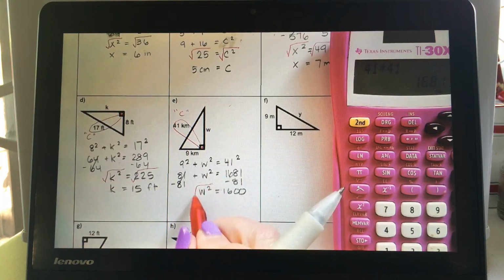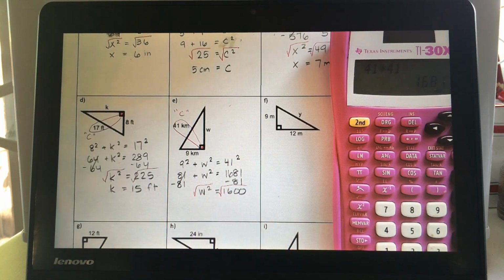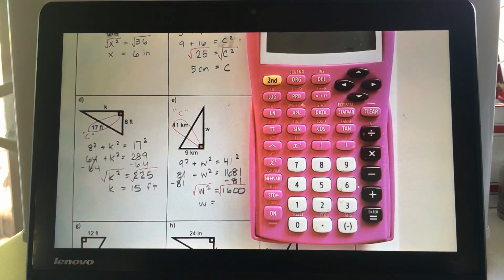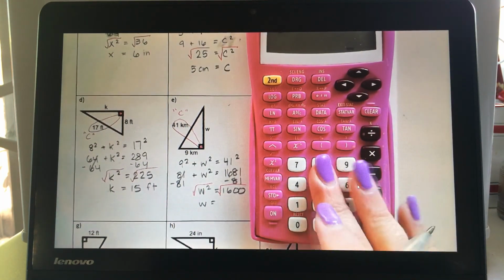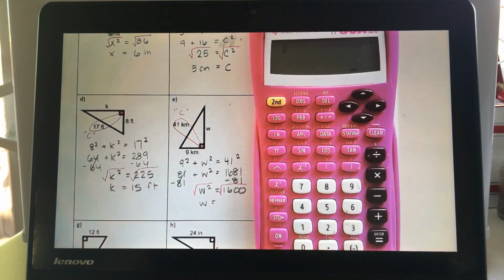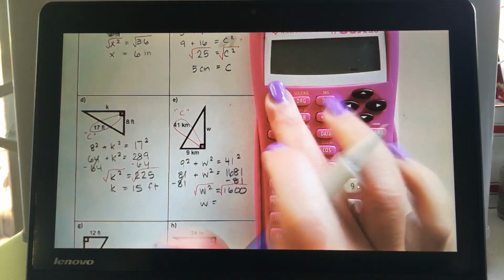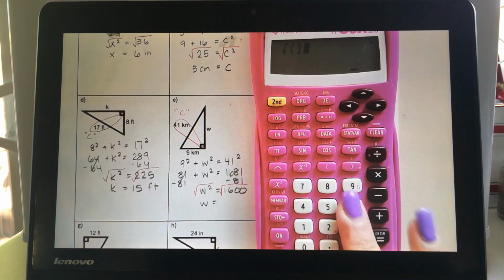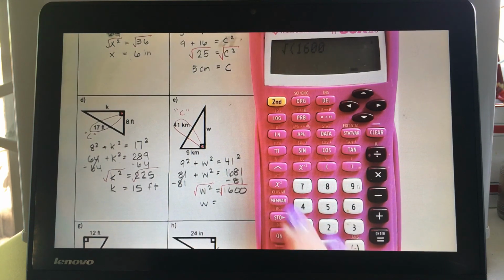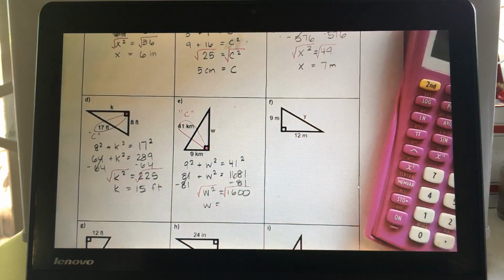And when we take the square root of that, on your calculators you're going to see that you guys have a square root button. On my calculator that I have here, it's this one right here above my x squared. So let's see, the square root of 1,600. You might have to put in 1600 and then hit your square root button. Just kind of varies with calculators. And that gives us an answer of 40 kilometers.